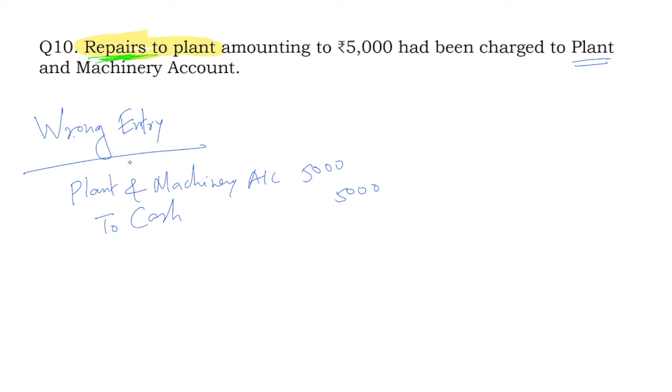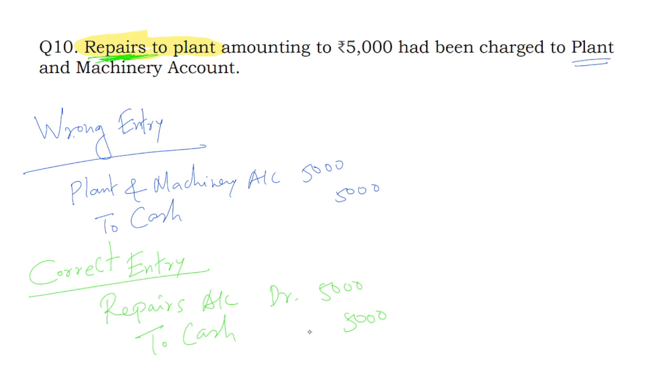See, repairs it is mentioned. So the correct entry is repairs debit to cash. But wrongly the plant account was debited.